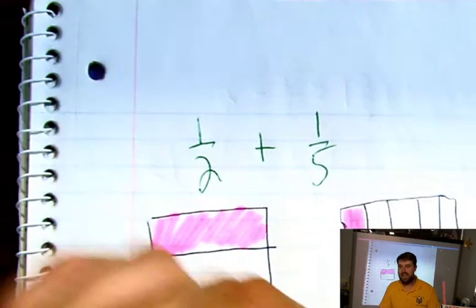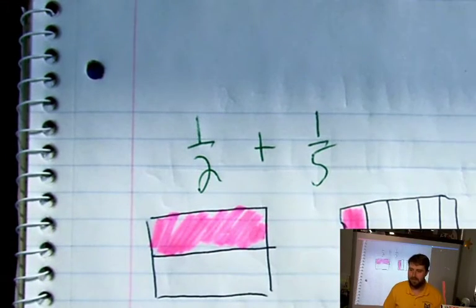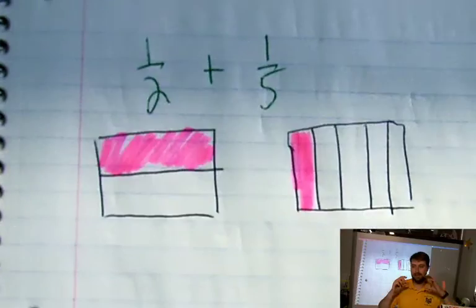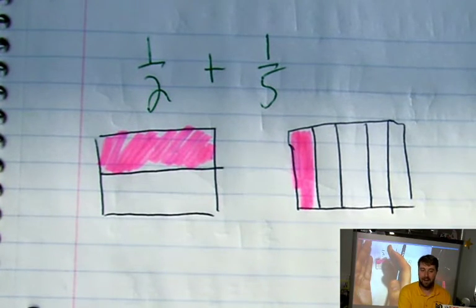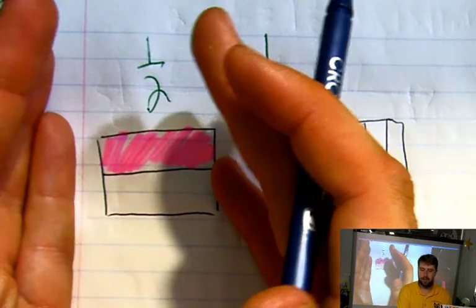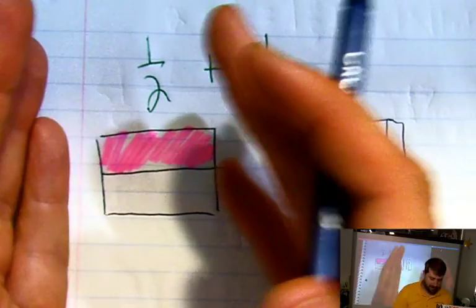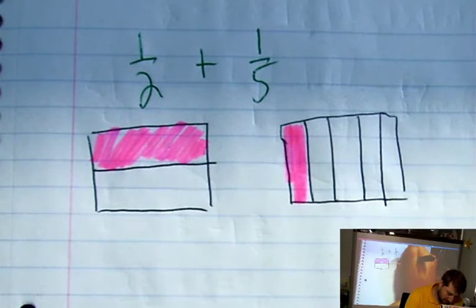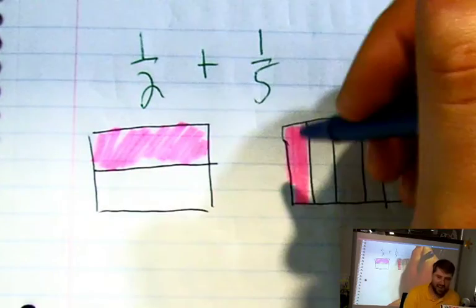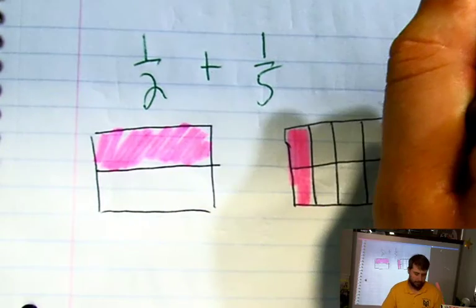So then in order to get my like units, my same denominators, I have to transpose my half line to the other side and then the other way around as well. So I'm going to take my half line, I'm going to move it over here and cut that 1/5 and the other fifths into half.